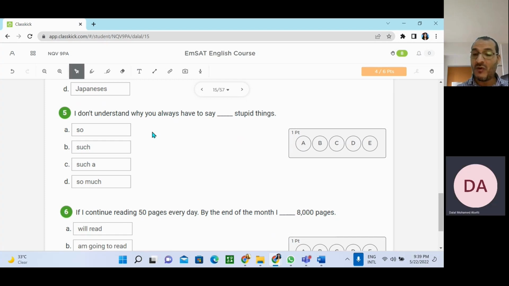But if you want to use information with a quantifier... I have confusion about countable and uncountable, because in Arabic we can say "informations", معلومات. In Arabic we have معلومات, but in English it's uncountable.